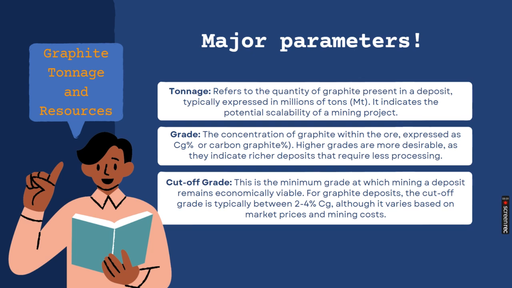Within that mineral, graphite means C, carbon only, and for measurement of purity, how much exact carbon content. Usually 2 to 4% carbon content is good enough to become valuable graphite. So that is called cut-off grade. This is the minimum grade, at least above which that carbon content is essential to be present.